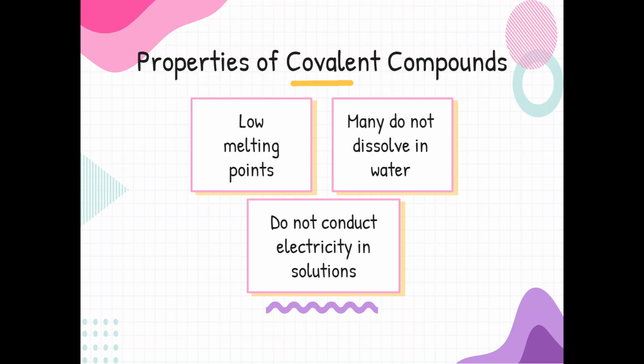That's because covalent compounds are not made up of ions held together by their opposite charges as ionic compounds are, so they are not going to dissociate into ions when placed in solution. Additionally, covalent compounds are only made up of nonmetals, and nonmetals do not conduct electricity. So compounds made up of nonmetals like covalent compounds will not conduct electricity either.